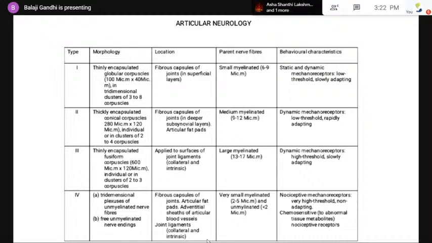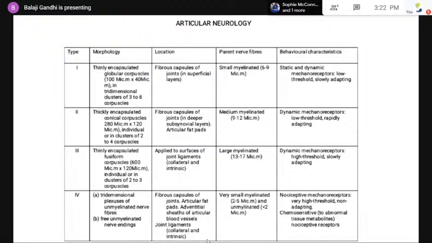And type 4 is a tridimensional plexus of unmyelinated nerve fibers. This is type 4A, and this is 4B. They are free unmyelinated nerve endings. 4A is located on the fibrous capsules of the joint, articular fat pads, and adventitial sheaths of the articular blood vessels.